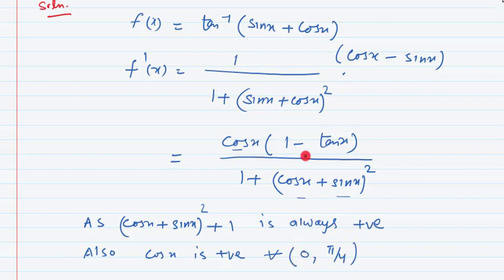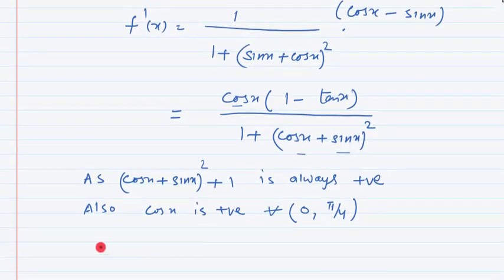The part which is left with us is 1 minus tan x. Now, as tan pi by 4 is 1, but pi by 4 is an open interval, so if we put values from 0 to pi by 4, with 0 and pi by 4 excluded, then clearly the value of tan x will be less than 1. So it means we are getting 1 minus tan x as positive.